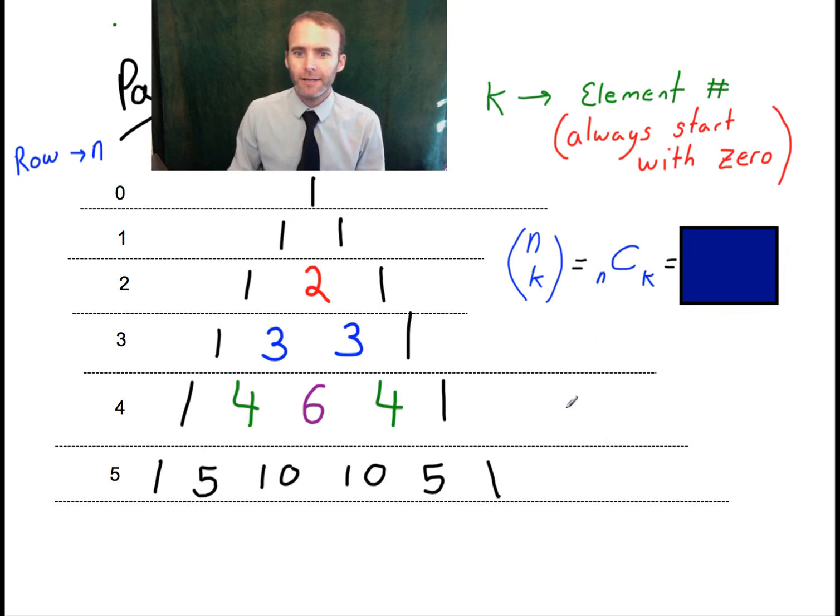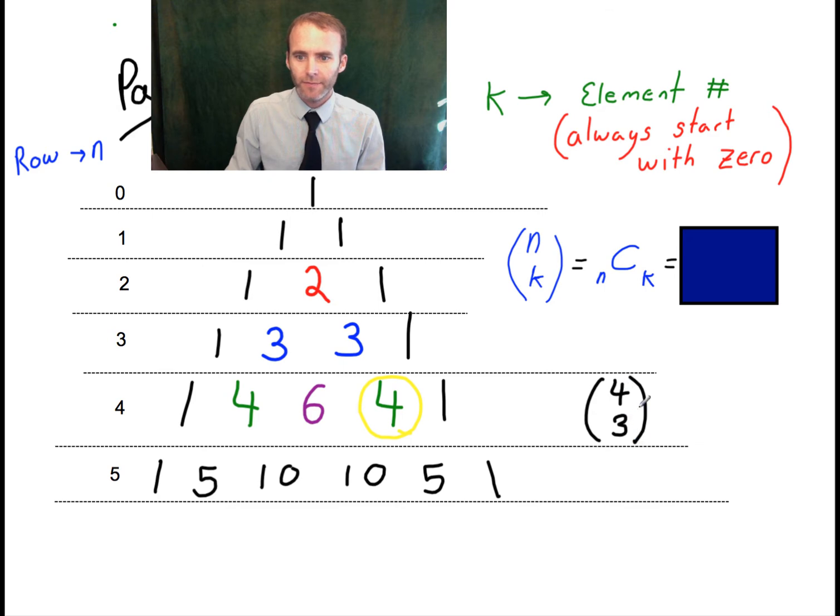So let's look at an example here. Let's say that we want to represent this 4 right here. In this notation, we're going to ask, what's the row number? The row number is 0, 1, 2, 3, 4, so the row number is 4. And the element number, remember we start off with 0, so 0, 1, 2, 3.